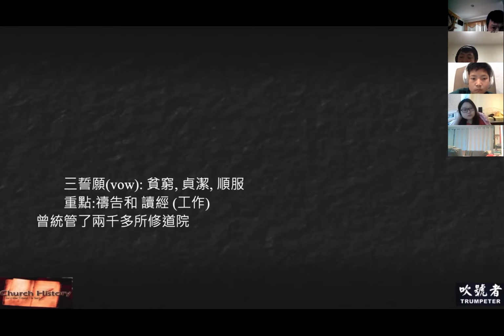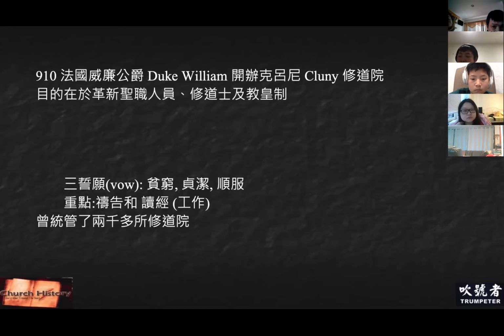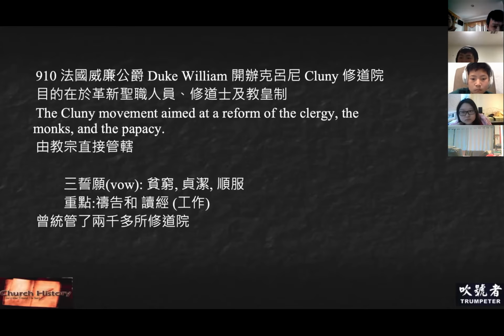He started this movement, aiming to reform the clergy, the monks, and the papacy. Remember the two things monks focus on: prayer and work. Now we're going to see one major figure, Bernard of Clairvaux in France.